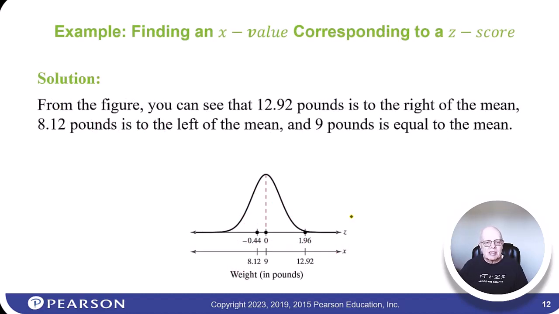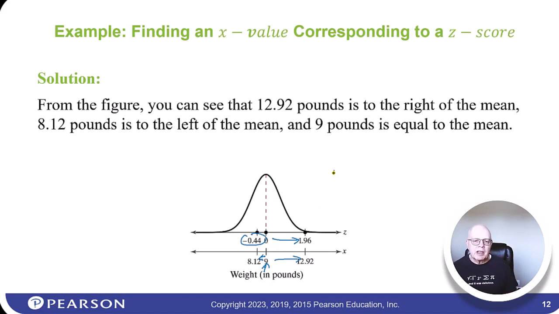So here's a summary of what we're talking about. Here's our 9 pounds as the mean. To the left will be lower than that, smaller than that. Z-wise, it's negative values. To the right, it's heavier in weight, and z-score wise, it's in the positive direction.